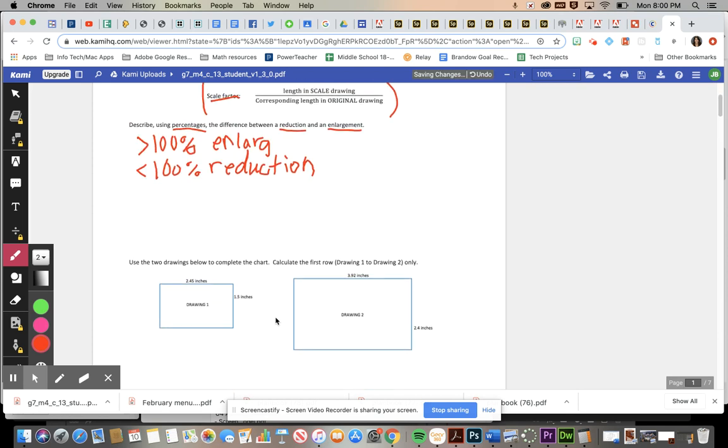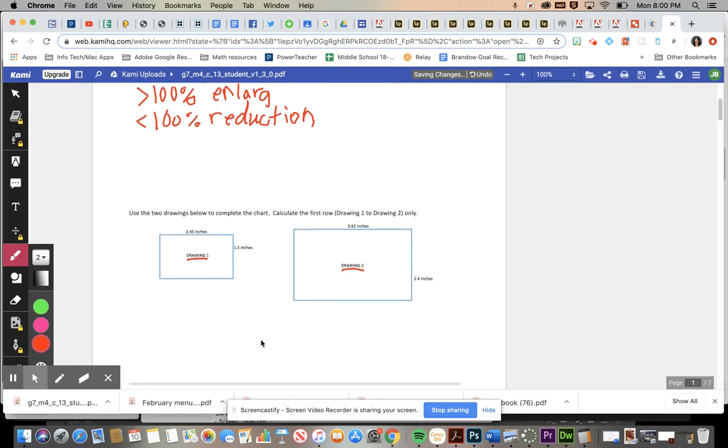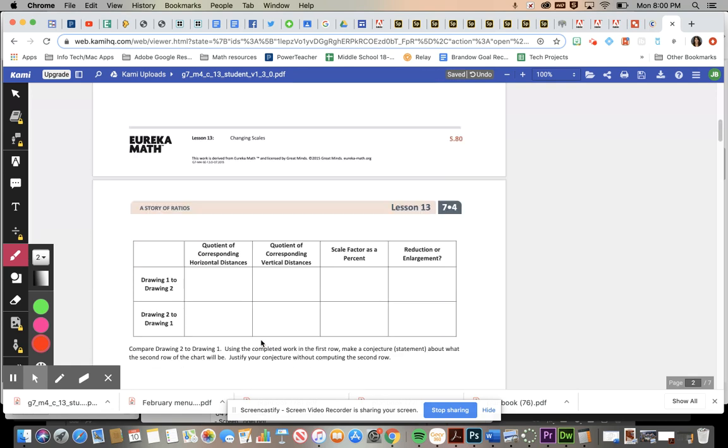All right, let's kind of get started here. Use the two drawings below to complete the chart. Calculate the first row, drawing 1 to drawing 2 only. So in the chart here, we have this first row, drawing 1 to drawing 2.